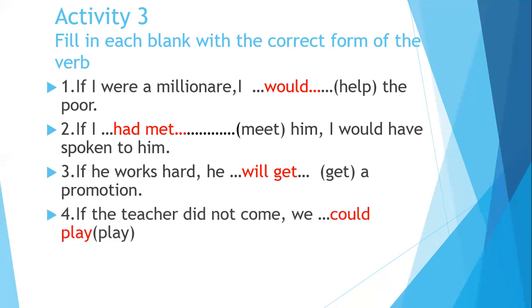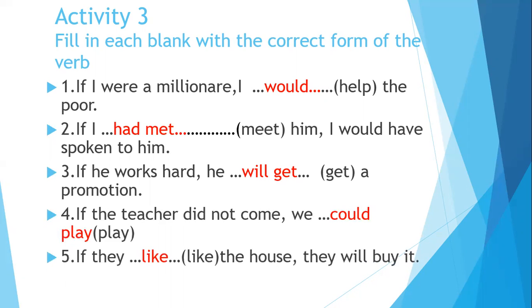Fourth one. If the teacher did not come, we could play. Last answer. If they like the house, they will buy it. I hope now you have understood the conditional clauses.